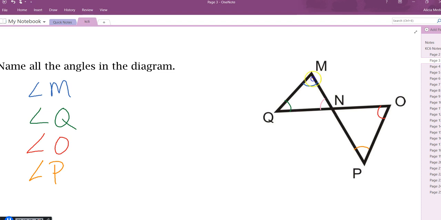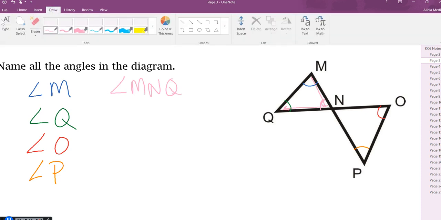So I'm going to go ahead and say M to N and then to Q. I need that N to be that middle letter, because that's the vertex that I'm talking about. So I went from N to Q. Yes, I could have said Q and M. It's the same point. You could have said it backwards. That is okay as well.